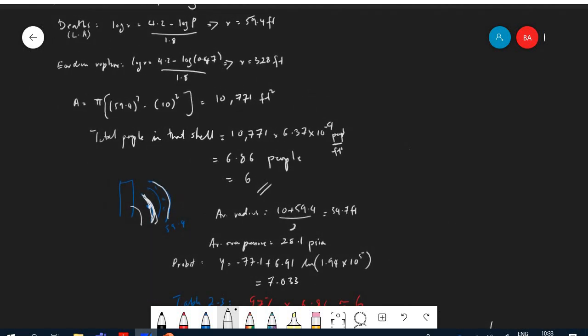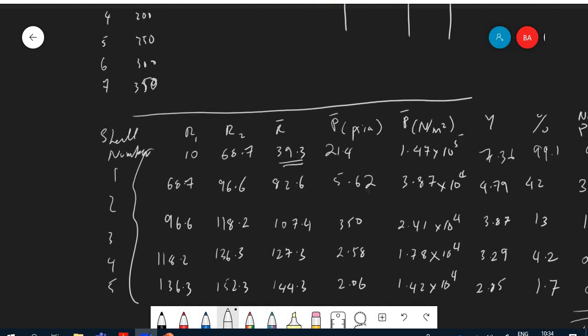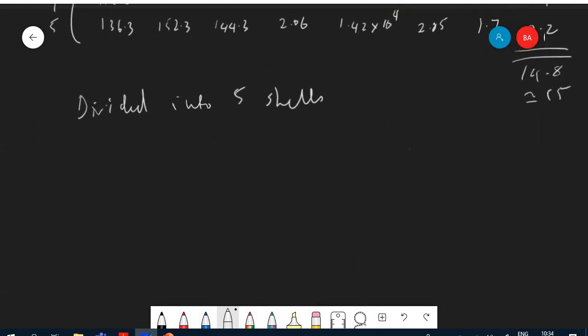It was 59.4 feet square minus 10 square, which was equal to 10,721. So that was the amount of feet square that we had. If you divide that into 5 shells, you will get the details of what we have tried to mention here.